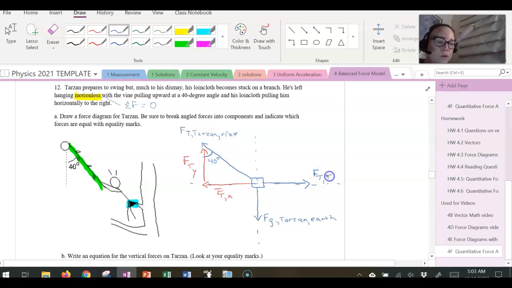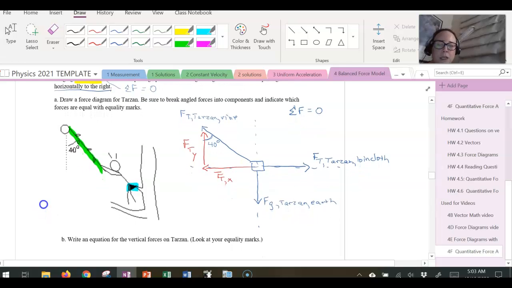This is a tension force on Tarzan by the loincloth. Okay. Oh, and up here it says that the loincloth is pulling him horizontally to the right. Okay, so I think we have the forces in our force diagram. We know that the net force is 0 since he's not moving.